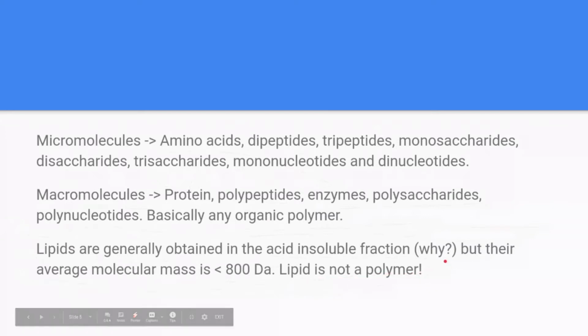So, can anyone explain why you cannot find it in the soluble fraction, but only in the insoluble? Anyone? Hello? Yes. So why is it so?